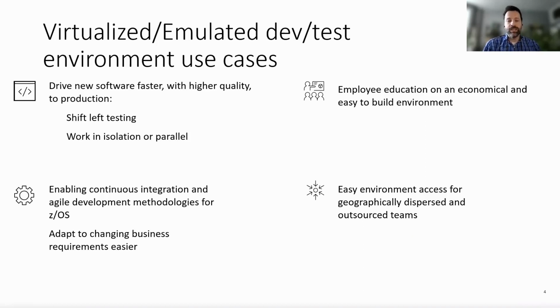The primary use cases, of course, are being able to drive faster software development, being able to perform activities earlier rather than later, being able to perform testing earlier and resolve defects earlier so that you can produce the best quality software possible.